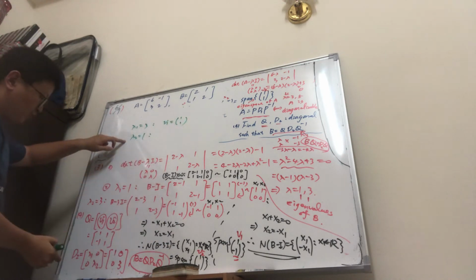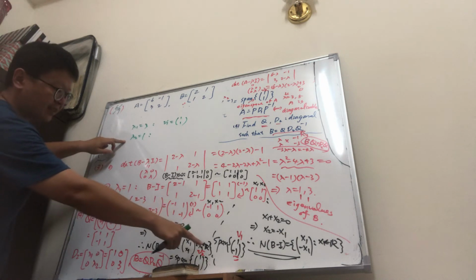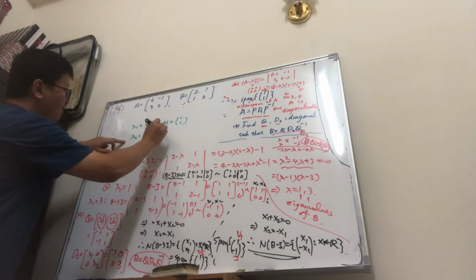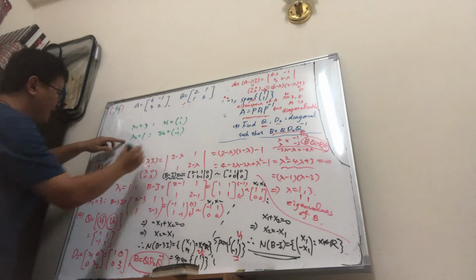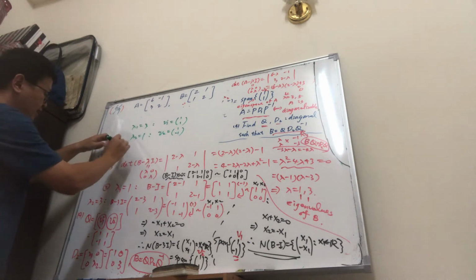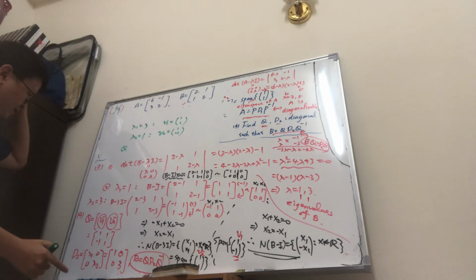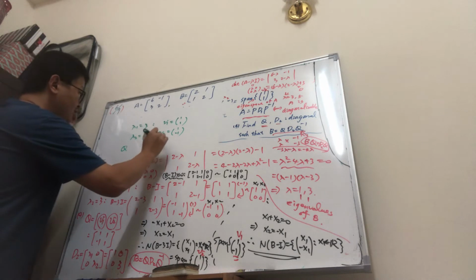And if lambda 2 is 1, then the eigenvector becomes (1, negative 1). Then what's the matrix Q and what's the matrix D2?